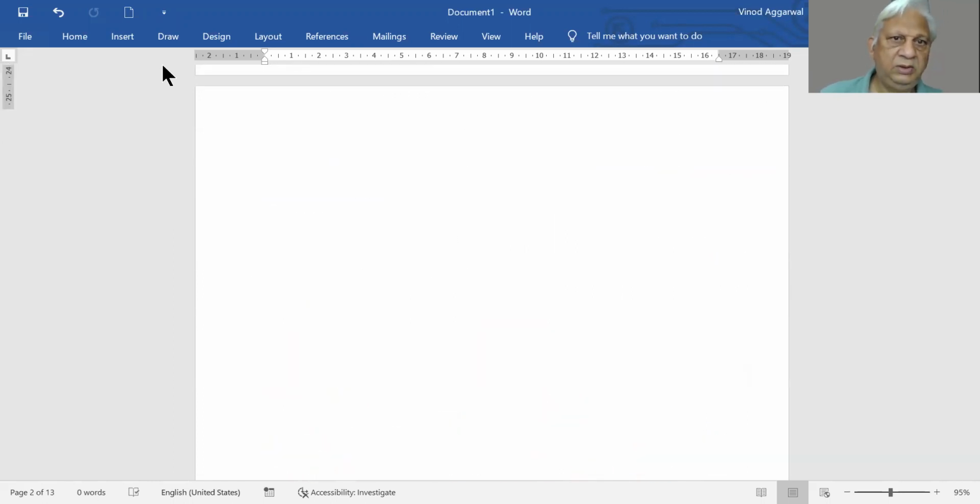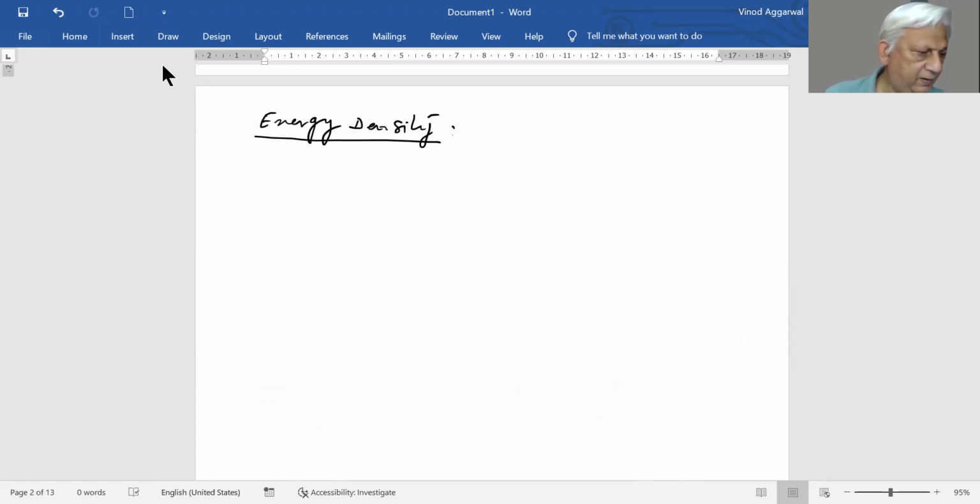Okay. Now let's try to calculate energy density in these two fields. We know this is energy possessed in an electrical field divided by the volume.